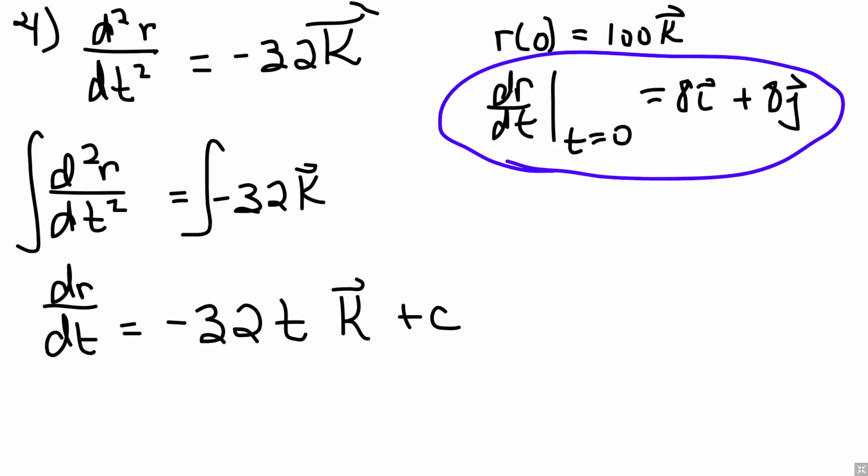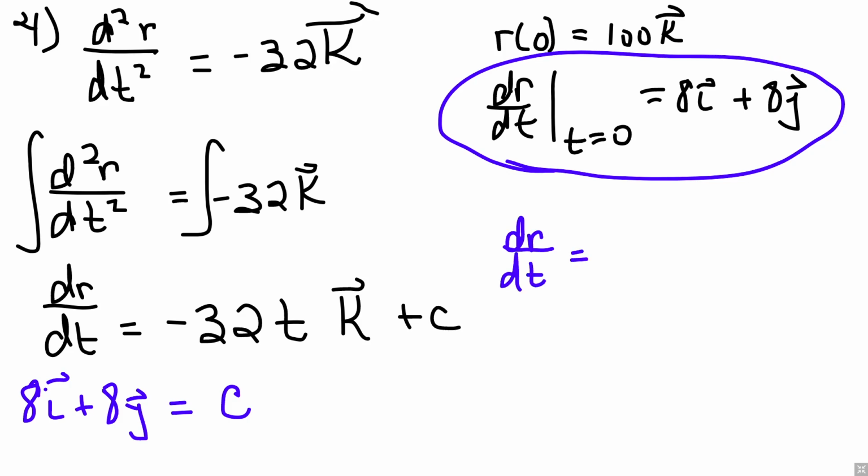In place of dr/dt, we're going to put 8 in the i direction plus 8 in the j direction, and that's equal to, if we plug in 0 for t here, this term goes away, so we just have c. So you should find that dr/dt is going to be 8 in the i direction plus 8 in the j direction minus 32t in the k direction. Any questions there?